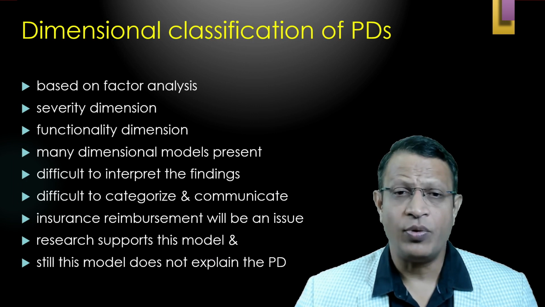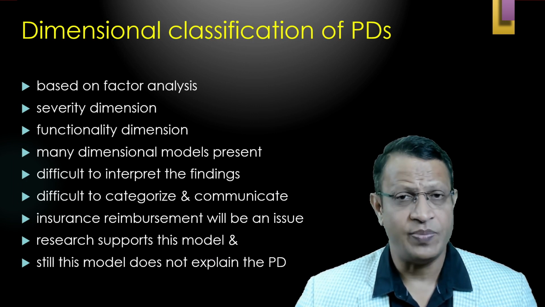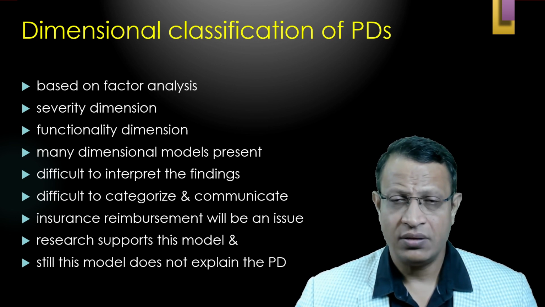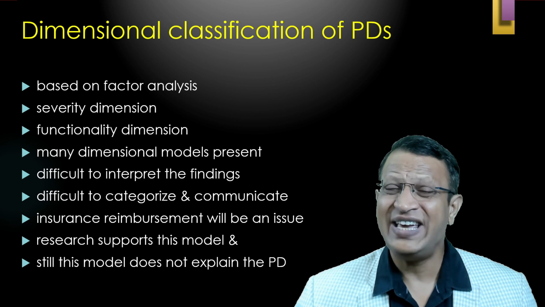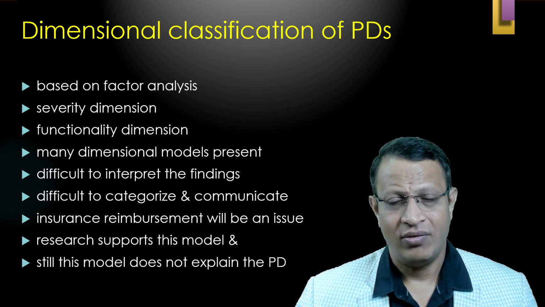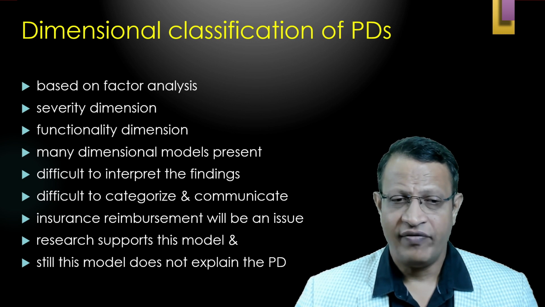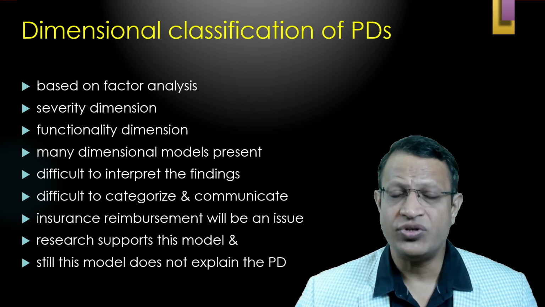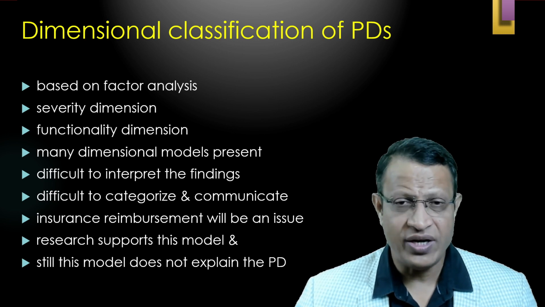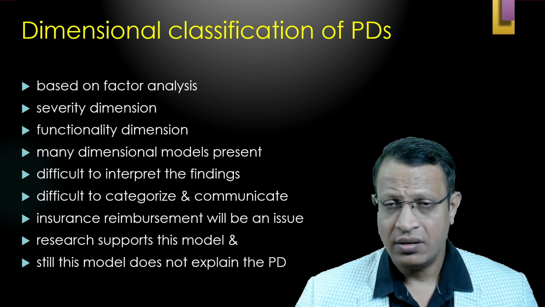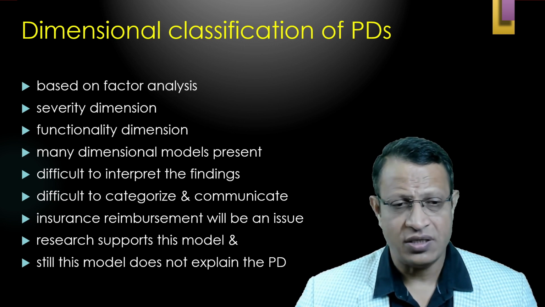This dimensional approach of personality disorder is based on factor analysis, that is applying statistical methods, looking at the severity of each of the traits, how much functionality is there within the person. Finally, many dimensional models have been present and many researchers have proposed various traits, but unfortunately, many of them are contested. Many of them are still in the research process.